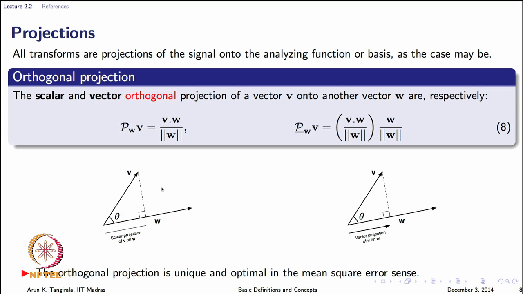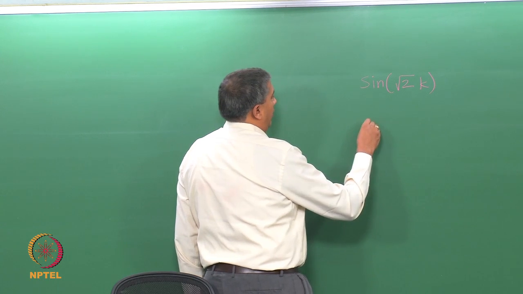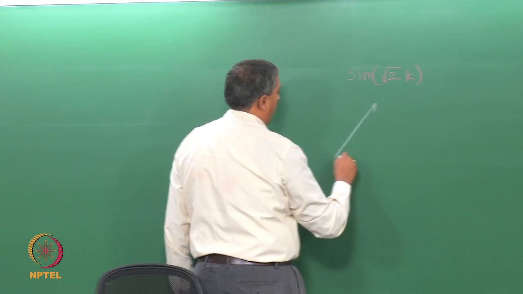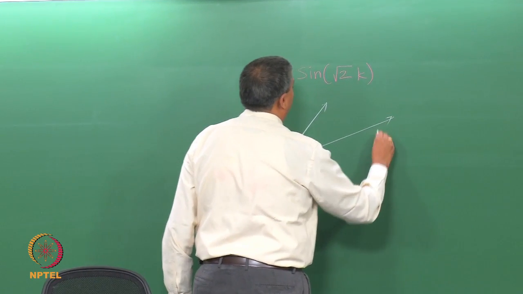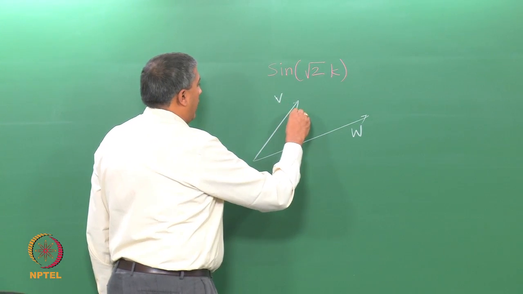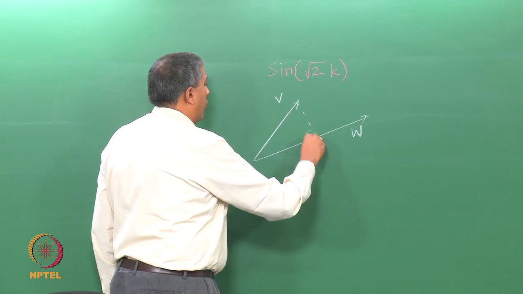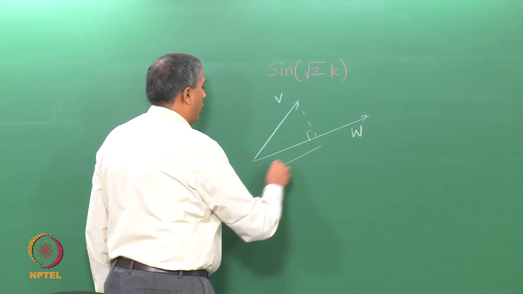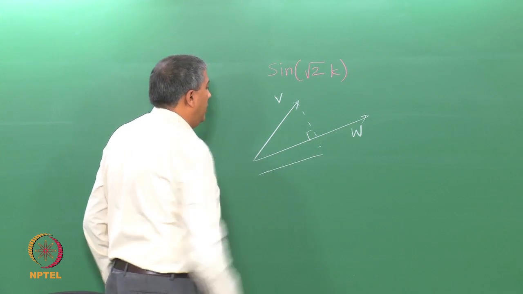I might as well draw any line from the head of v onto w. Then it becomes an oblique projection. I will show that to you on the board. So when I have a vector v like on the schematic, and this is w, right now I have a perpendicular dropping from here, and this length is called the orthogonal projection.